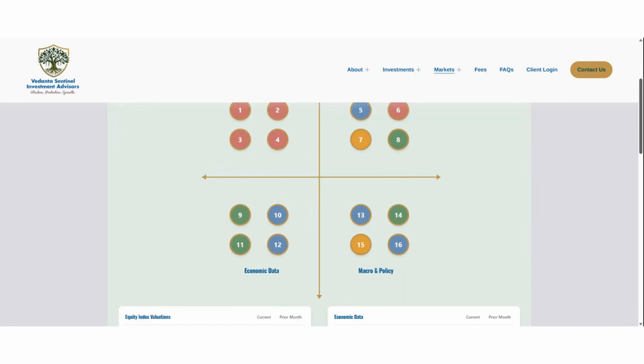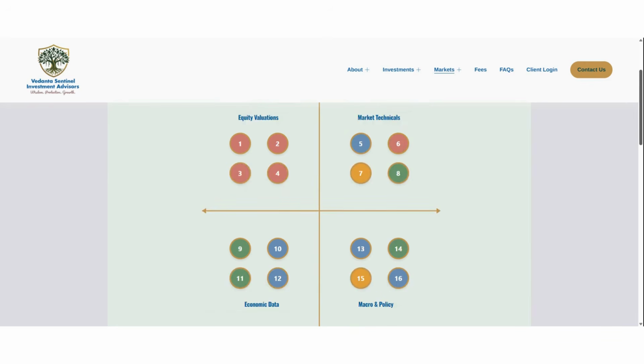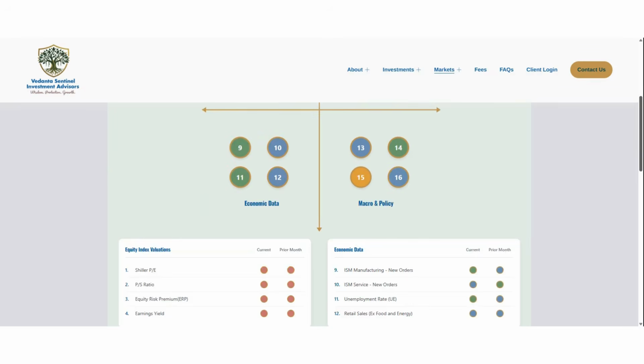A mostly green map does not guarantee sunshine, but it does tell you that conditions are favorable. A map heavy in red or yellow generally indicates caution, to be prepared for some bad weather, and we prepare accordingly. Think of it also as a dashboard in your car.